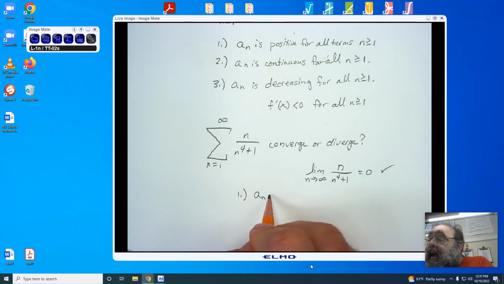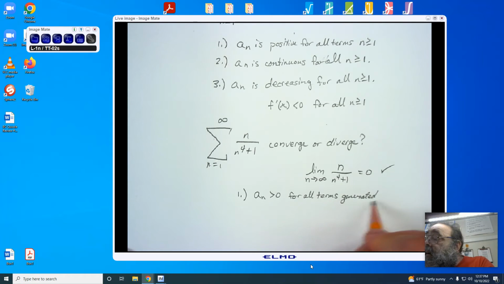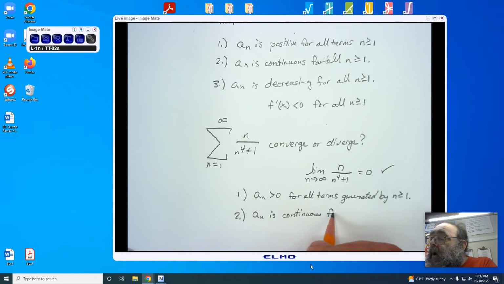Yes, a sub n is greater than 0 for all terms generated by n greater than or equal to 1. Number 2, I can also see that a sub n is continuous for all n greater than or equal to 1. And finally, I find my derivative.